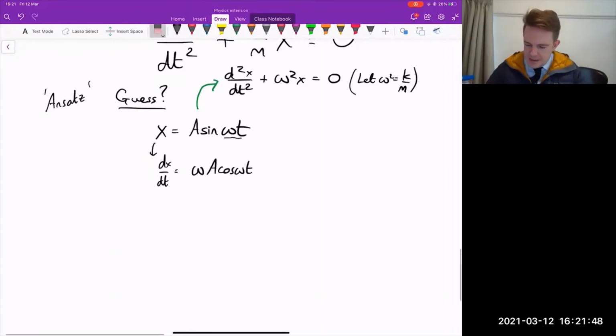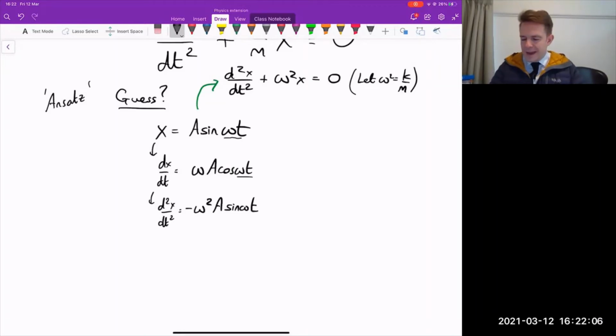If you differentiate that again to get d2x by dt squared, you do the same thing. You differentiate the omega t, so you get an omega squared out the front, another omega. The a stays as it is, it's a constant, and then that becomes minus sine. So in other words, this down here is what you get if you differentiate a sine omega t twice.